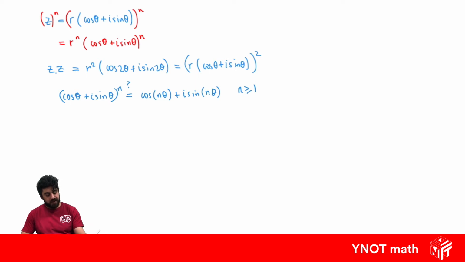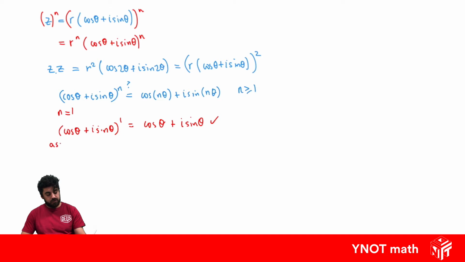So if we're going to do it with mathematical induction, we need to prove that it's true for n equals 1 first. So we'll get cos theta plus i sine theta all to the 1. Does it equal cos of 1 times theta is just theta, and i sine of 1 theta is just theta, and these do equal each other, so it's true for n equals 1.